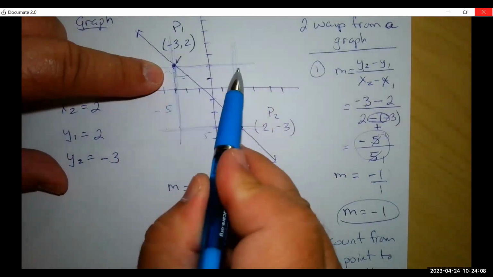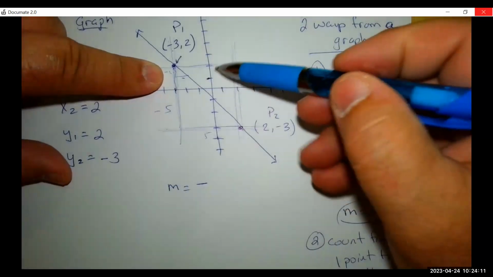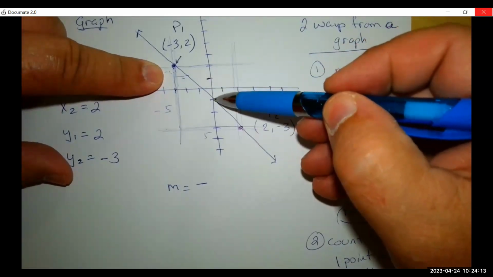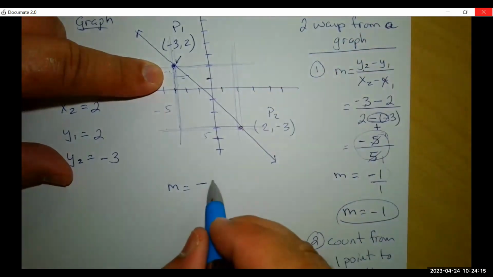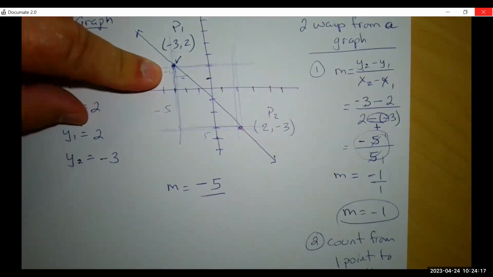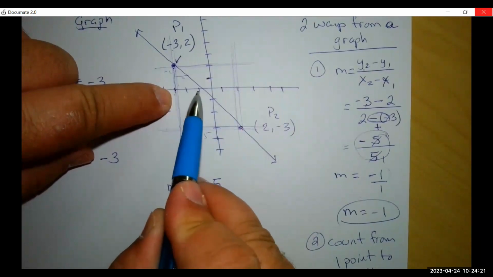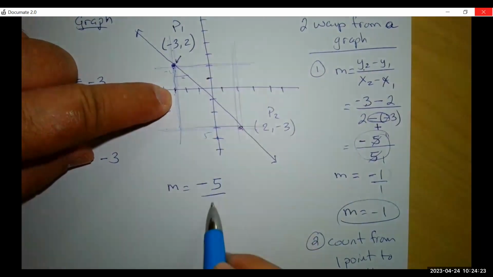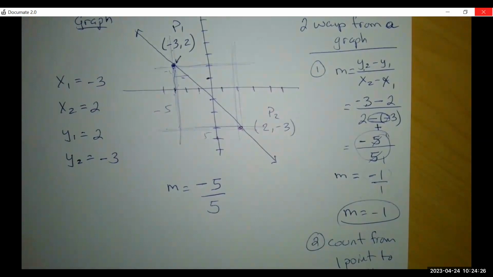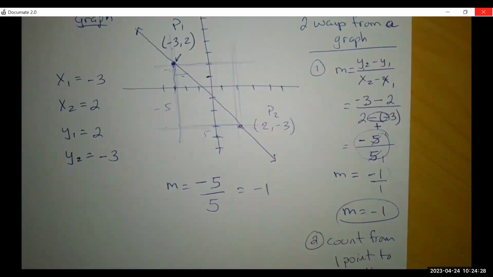So from this line to this line, how far is it? 1, 2, 3, 4, 5. So it's down 5. And then from this point to this point, 1, 2, 3, 4, 5. Which is -1.